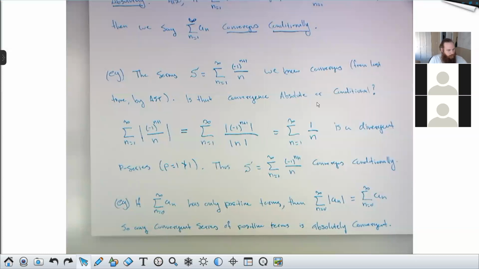I'd like to do one more example just to get us a feel for the definitions. I'll give you a second for anybody who's still writing. Okay.